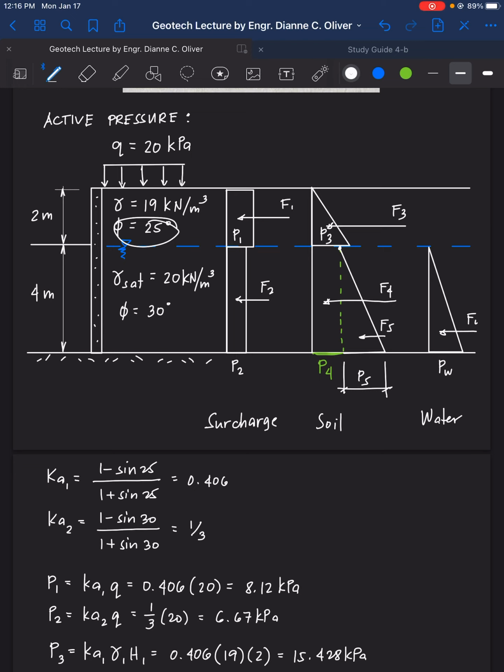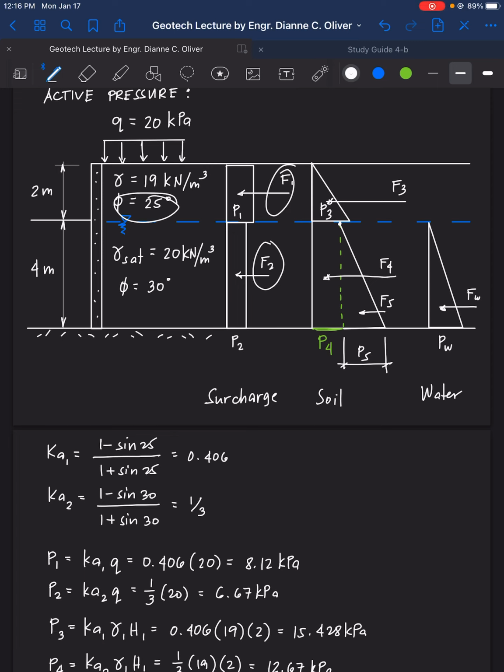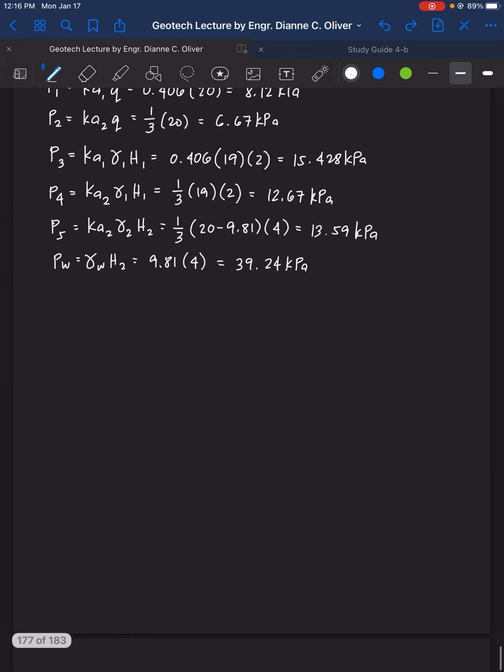For F1 and F2, it's just the area of a rectangle. Same with F4. F4 is the area of the rectangle, P4 times the height. F3, F5, and FW are the area of the triangle. So I will just do quick writing here.